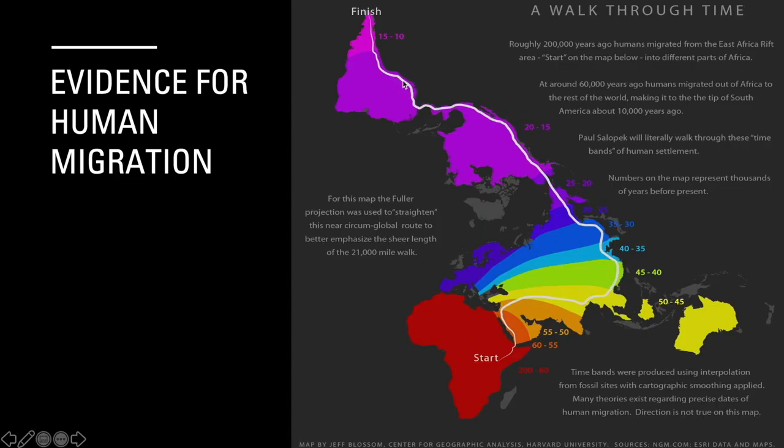Brazil, Venezuela, Colombia, Argentina, Peru, and Chile. No? And then if you look at it, it's like a finish line. It's a 21,000-mile walk for our species, and we have finished.